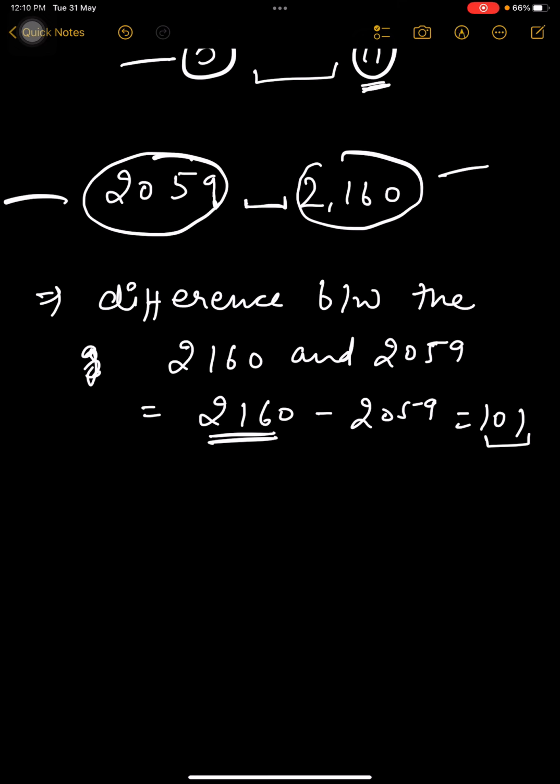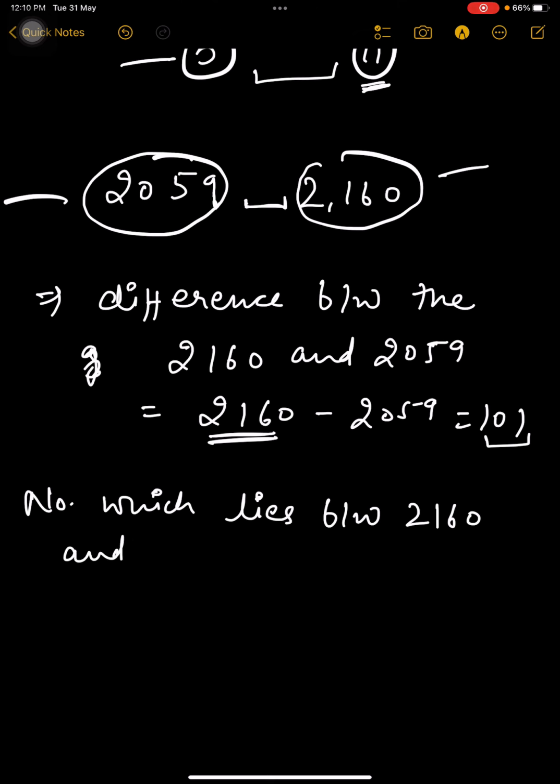Why? Because I need to find the numbers in between these two numbers. So the count of numbers between 2160 and 2059 is 1 less than the difference, which is 101 minus 1, that is 100.